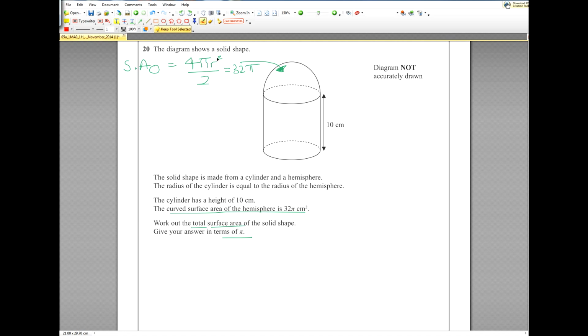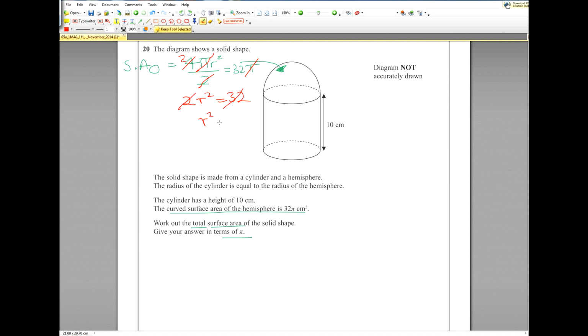Okay, so 4 pi r squared over 2 equals 32 pi. Now what do we do first? Let's cancel. Divide this side by pi and that side by pi. Divide this by 2 and that by 2. So we are left with 2 r squared is equal to 32. Now we divide this side by 2 and that side by 2.